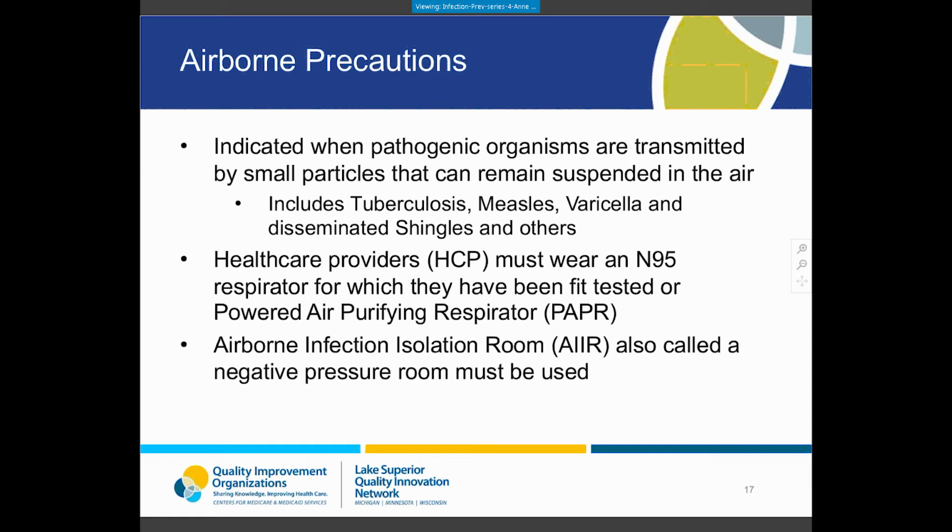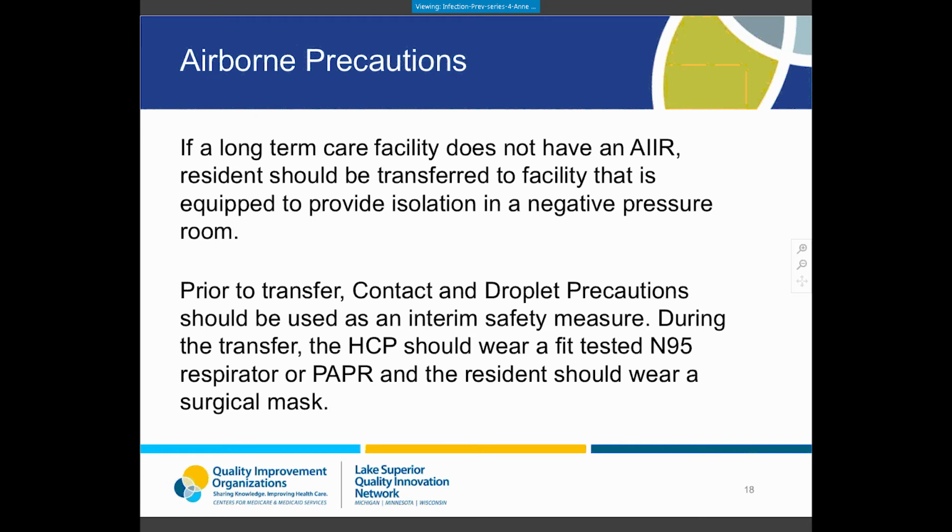Very few long-term care facilities have an AII or negative pressure room, and very few fit test their staff for N95 respirators. So if you are one of those facilities that just don't have those capabilities, a resident with an organism requiring airborne precautions should be transferred to a facility that is equipped with a negative pressure room.